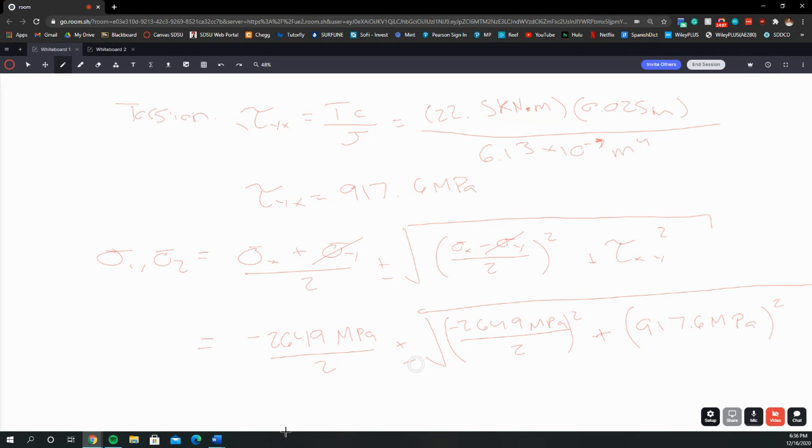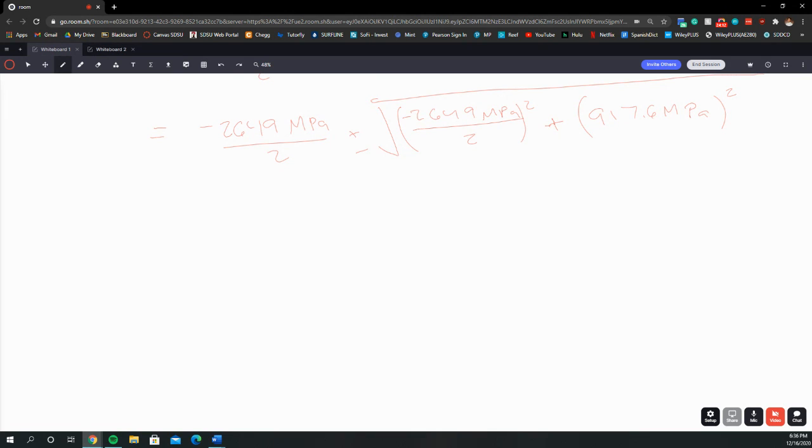All right. Now I just need to plug that into our calculator. Sigma 1 equals negative 2,935.8 megapascals.